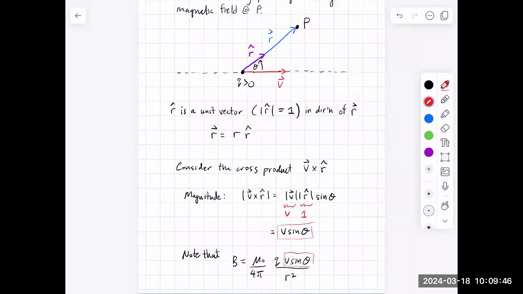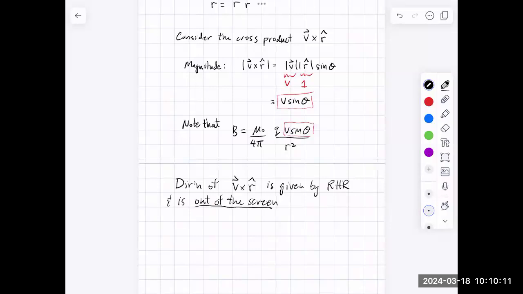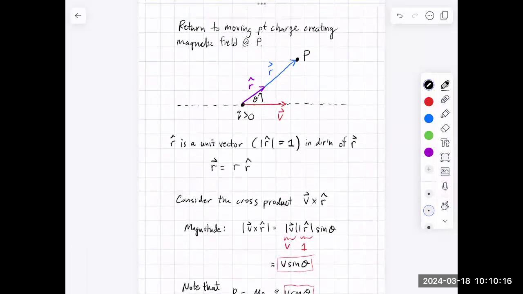And so it's out of the screen. Okay, so the direction of V cross R hat is given by the right-hand rule and is out of the screen for the picture that we drew above. There's a convention for specifying directions into or out of a screen or page.